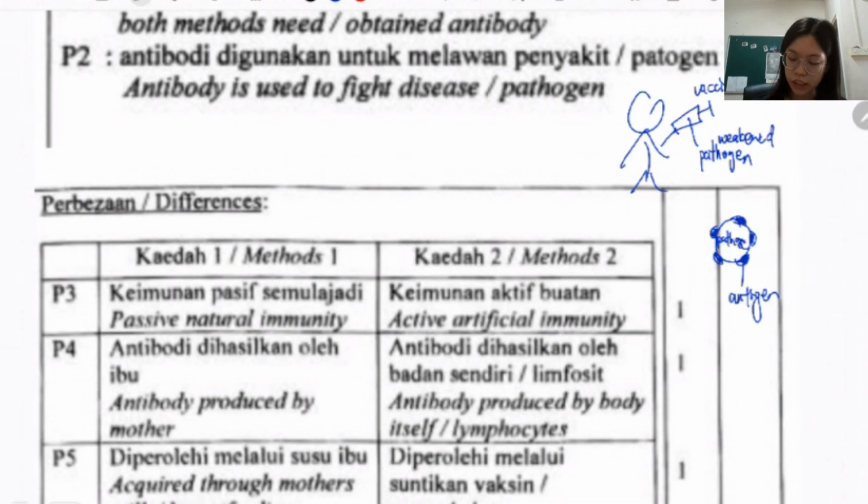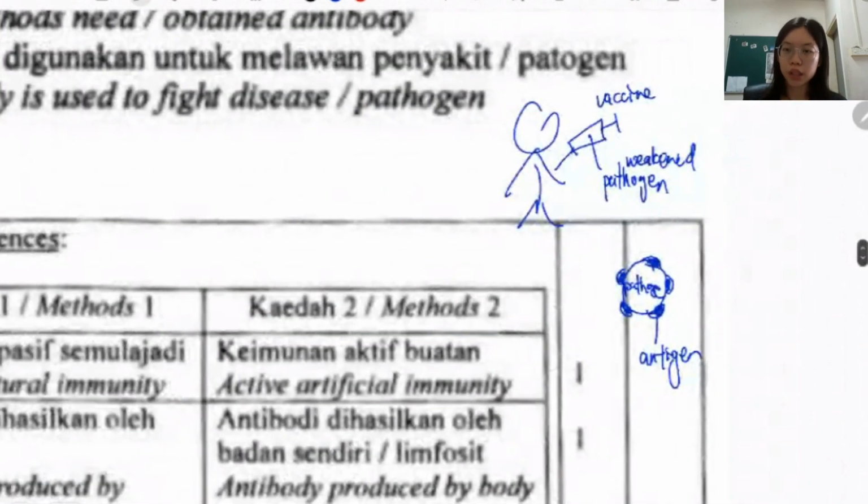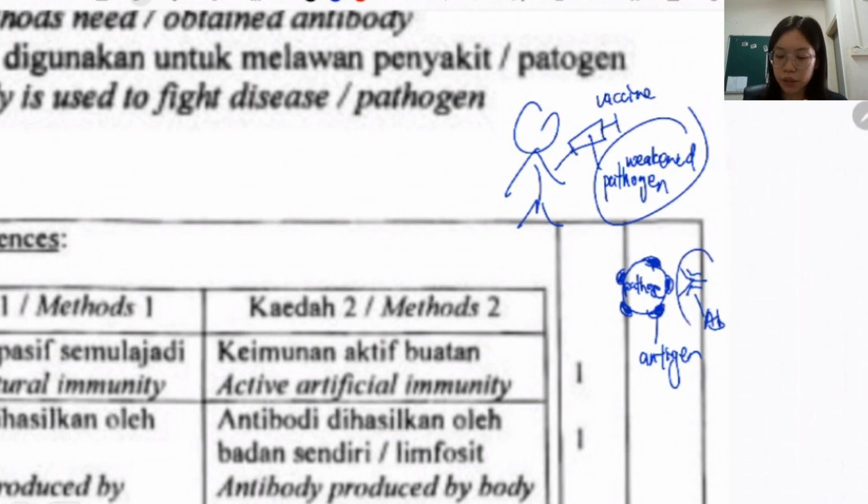So this will stimulate the immune response of the body. Your body will produce antibodies to fight it off. The antibodies will fight off the weakened pathogen from the vaccine. So this vaccine doesn't contain antibody. Your body detects this weakened pathogen, which is the vaccine content, and then produces antibodies to fight it off.